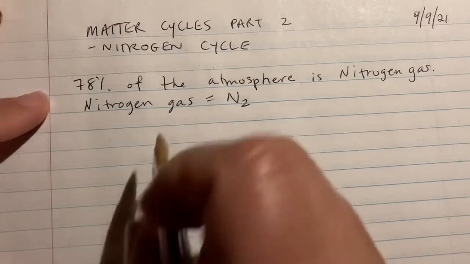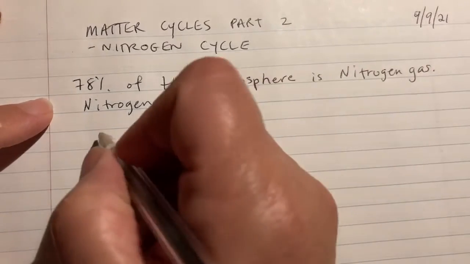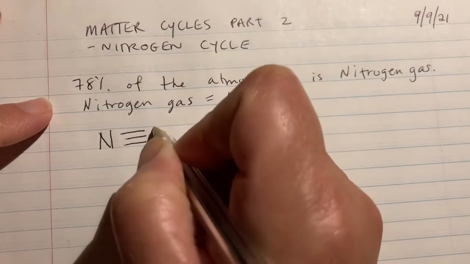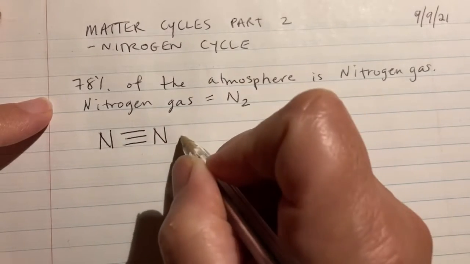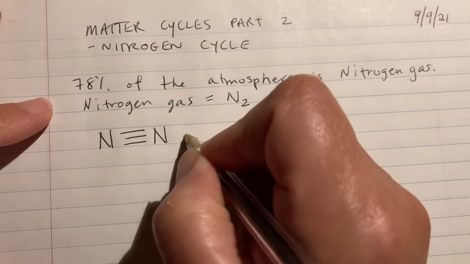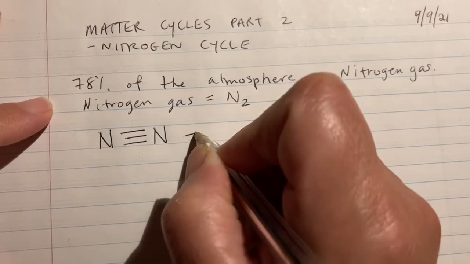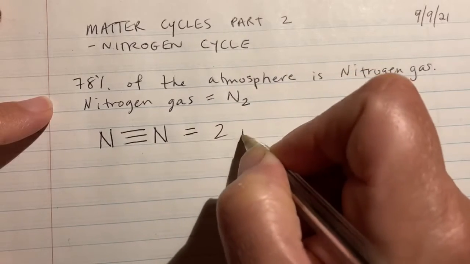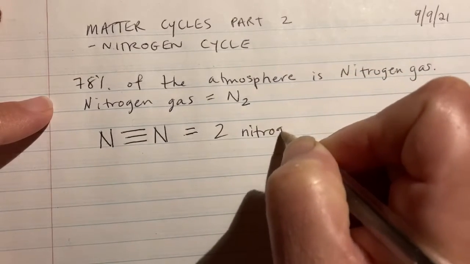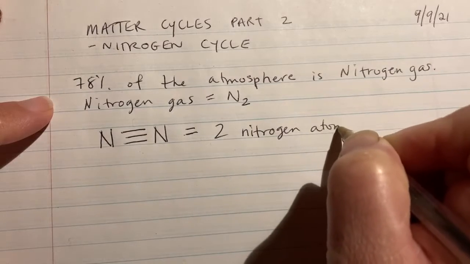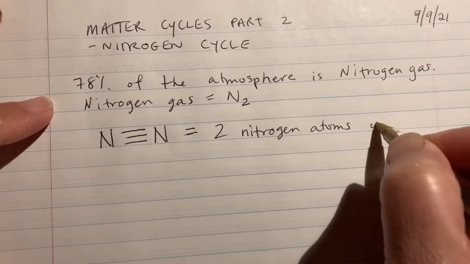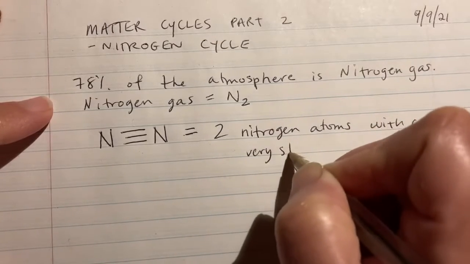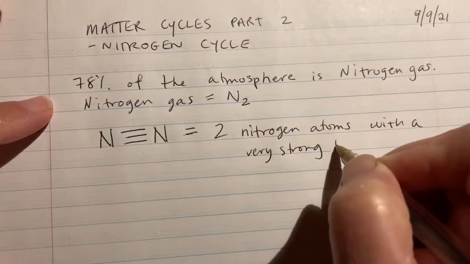If we were to look at nitrogen gas, we would see that it was one nitrogen triple bonded to another nitrogen. So nitrogen gas is two nitrogen atoms with a very strong triple bond.